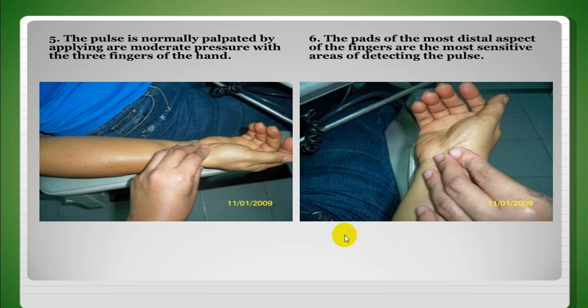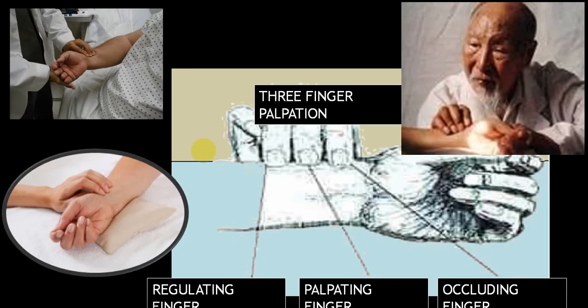Now depending upon which side you are palpating, if you are using a right hand on the right hand of a patient, then your index finger will be pointing proximal and the ring finger will be distal. If you are using a right hand to palpate the right radial pulse, if I get a figure, I'll show you.